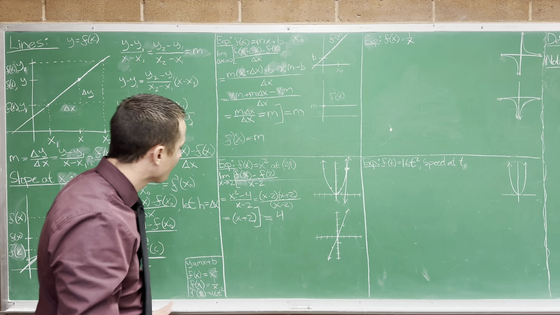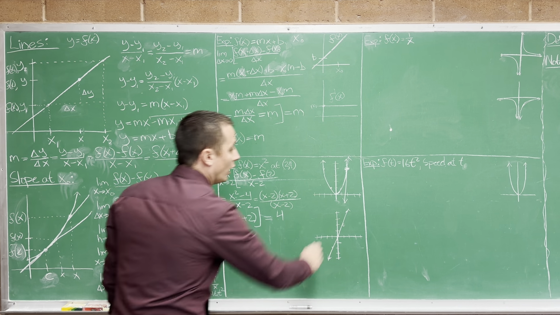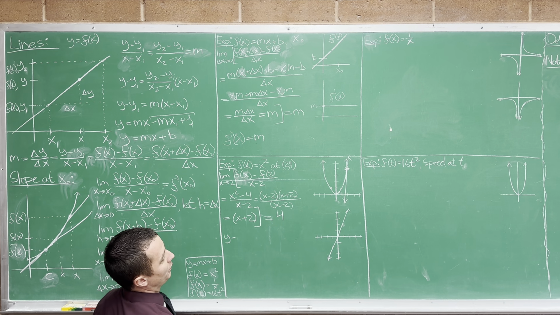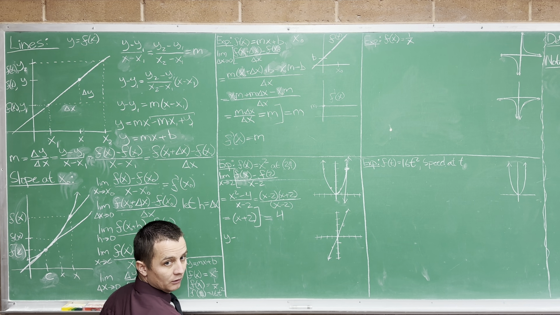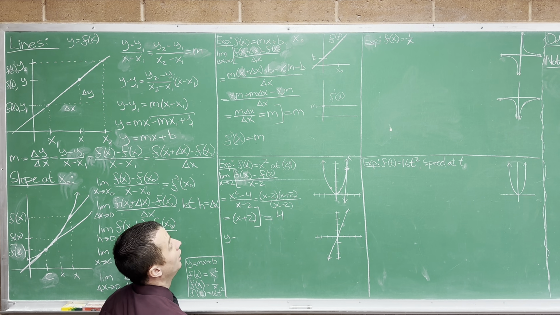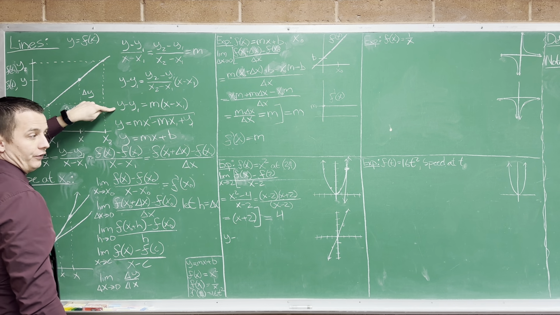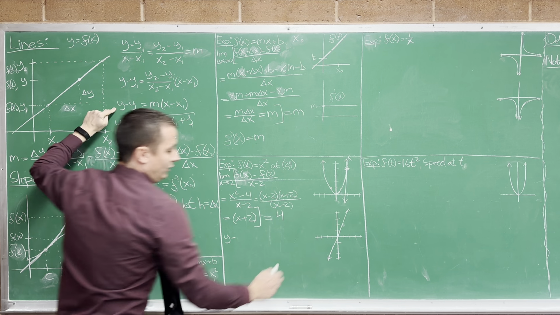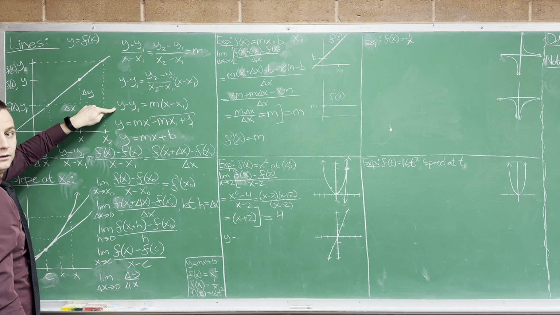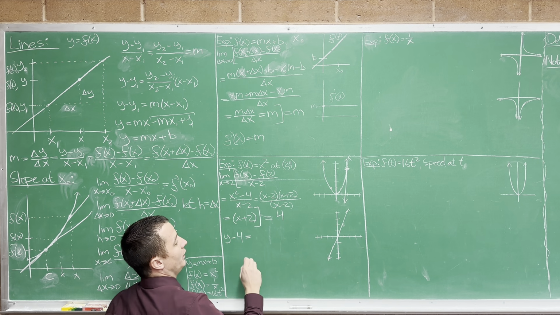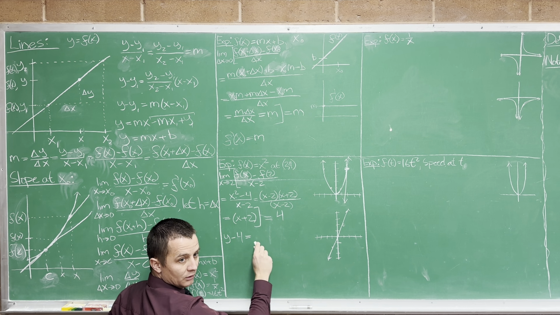Okay, so now what is our tangent line? Our tangent line is y minus, what's y1? So now I'm plugging into this equation to find the equation of this tangent line. It's 4. So y minus 4 is equal to m. What's our m? 4.